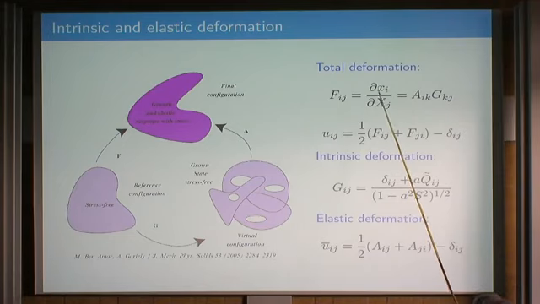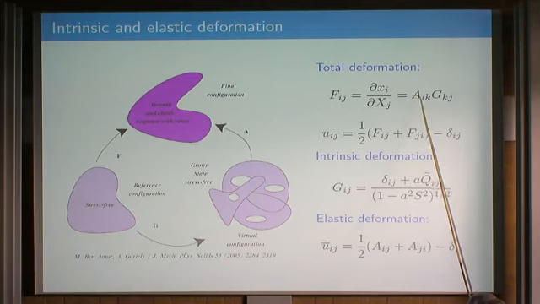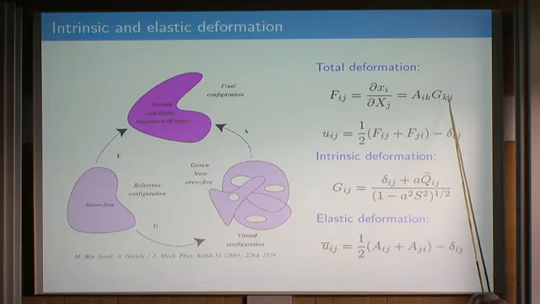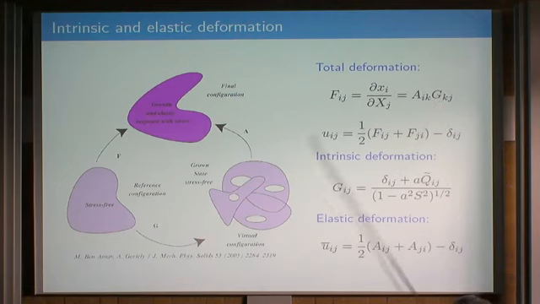So now here is a deformation tensor, and the deformation tensor has to be split into an elastic deformation tensor and intrinsic deformation, which in plant growth was called the growth factor. I prefer to call it intrinsic deformation. It is different because in plant growth it is an isotropic growth, so this would be a diagonal matrix.